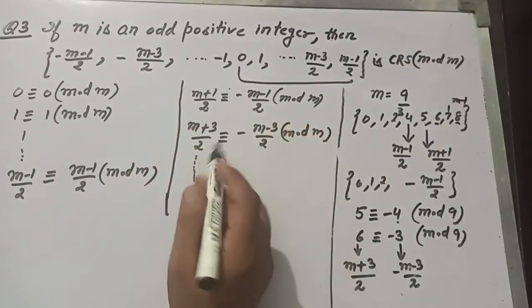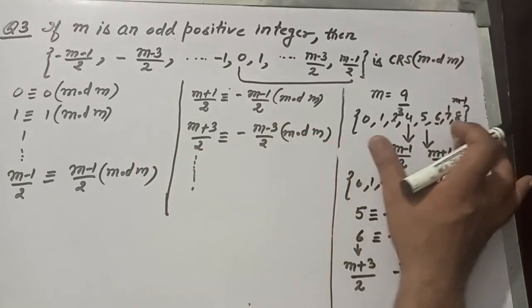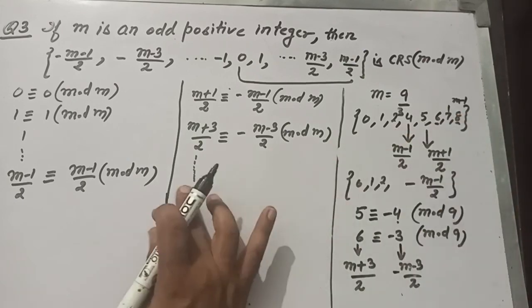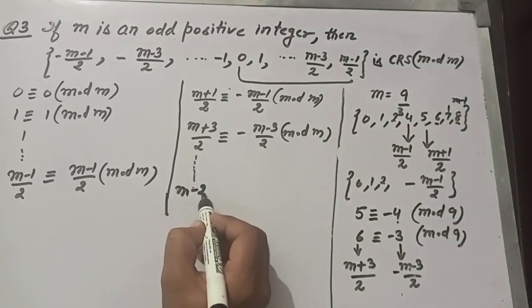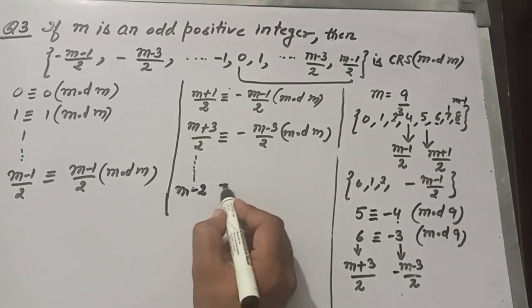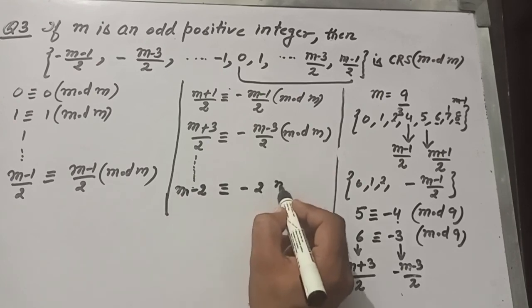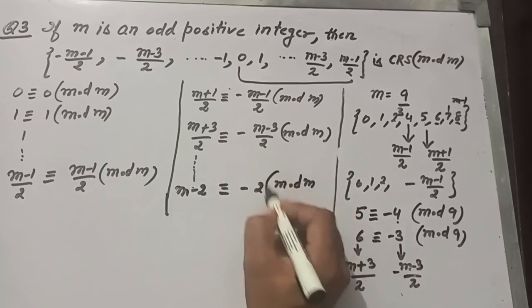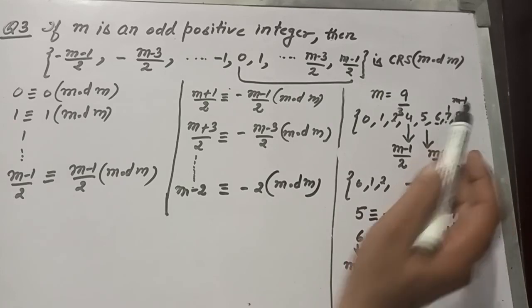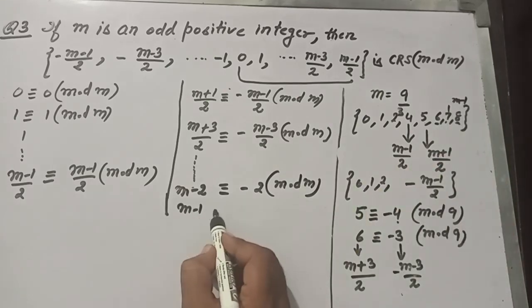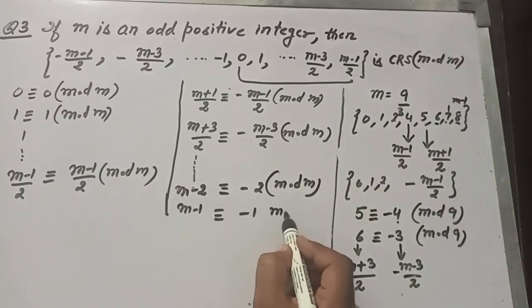So this will end up to m minus 1. The second last term is m minus 2. m minus 2 is congruent to minus 2 modulo m. Here m minus 2 is 7. And similarly, m minus 1 is congruent to minus 1 mod m.